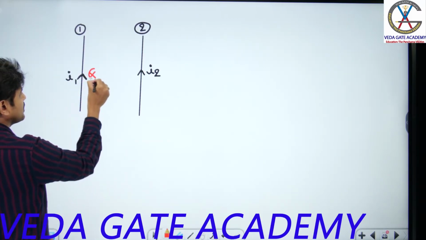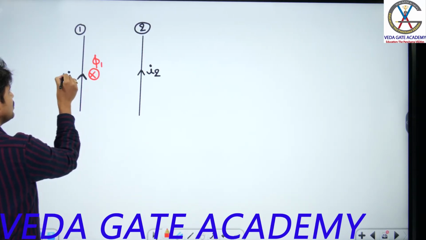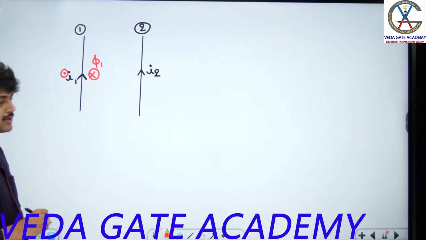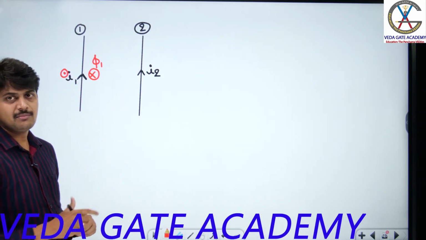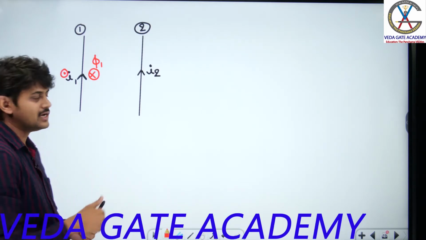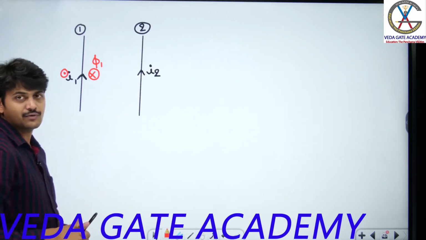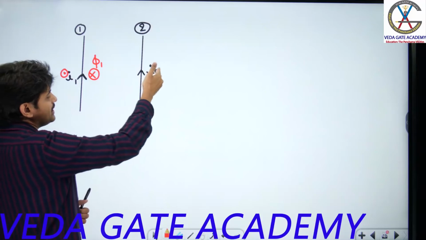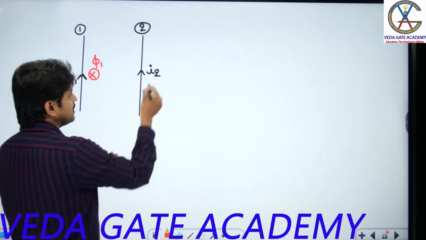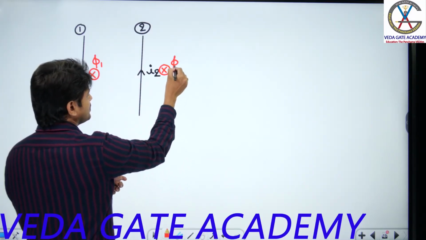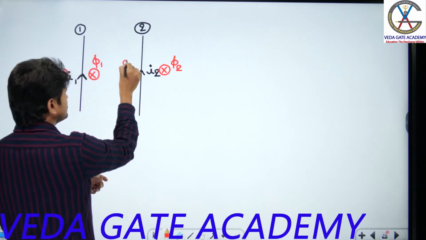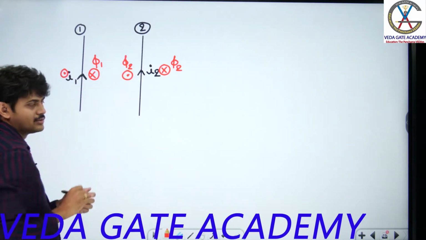So here you get cross flux phi1, whereas here you get dot flux. Similarly, if you apply the same right hand thumb rule in conductor 2, my current is flowing in the upward direction. So on the right hand side of conductor 2 my four fingers are entering into the plane, so here you will get cross flux, whereas here you will get dot flux. So this is flux phi.